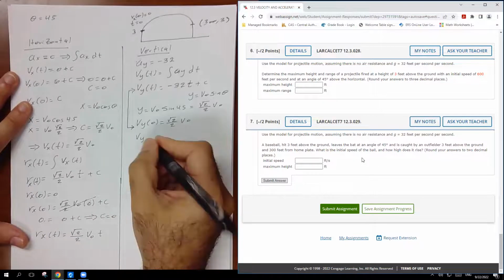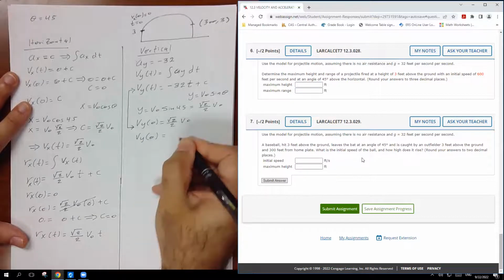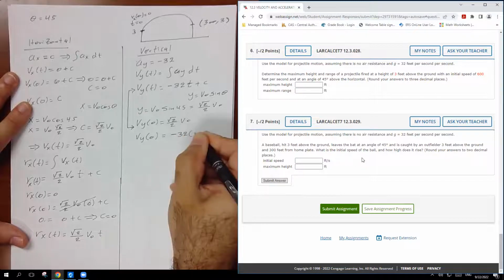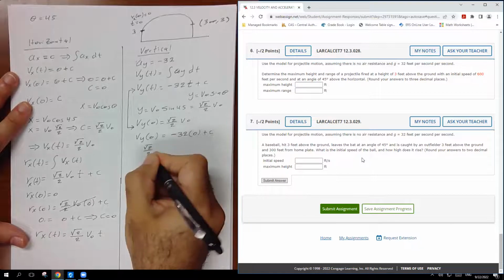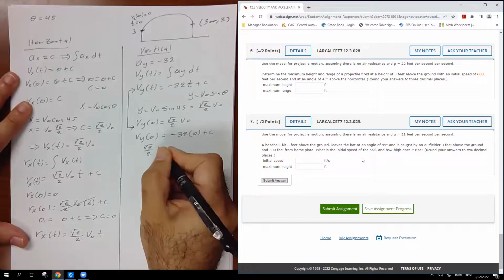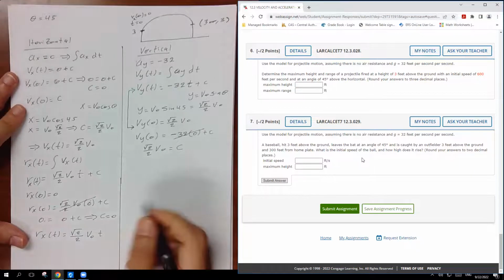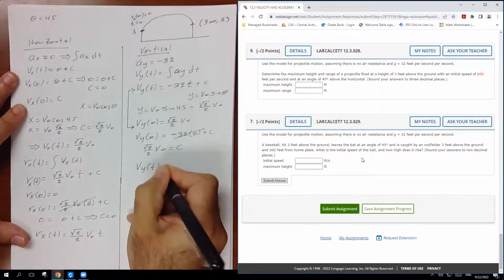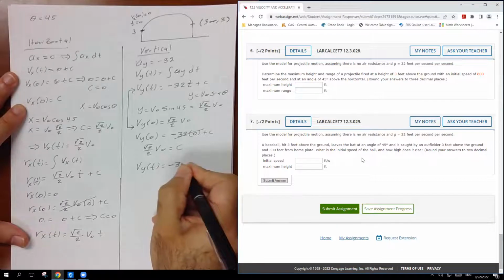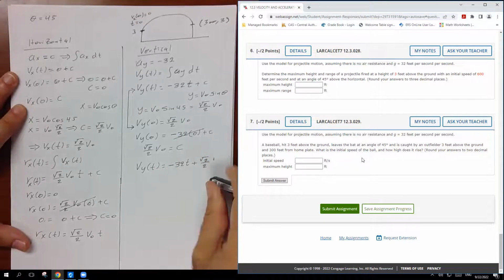So v sub y at 0 is going to be equal to negative 32 times 0 plus c, and v sub y at 0, which is square root of 2 divided by 2 v naught, is going to be equal to c. So this is our c again. Let's go back and plug in. So v sub y of t is going to be equal to negative 32t plus c, which is square root of 2 divided by 2 v naught.